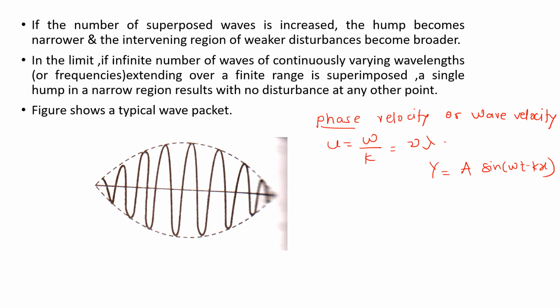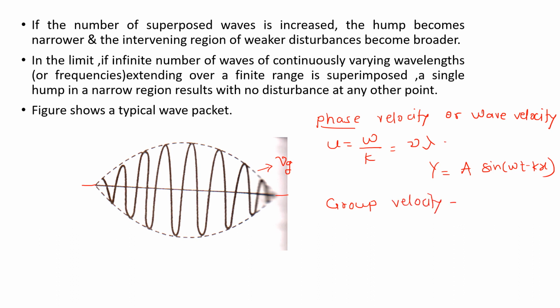But now we know that it is not this single kind of wave which is associated with a moving matter. It is a wave group, right? And the velocity with which this wave group moves is called the group velocity.